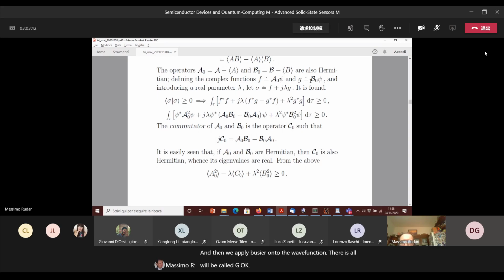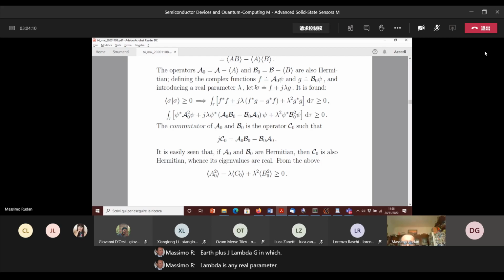So F and G in general are some complex functions obtained by this operation. Then we construct another function, that we call sigma. Sigma is, by definition, F plus J lambda G, in which lambda is any real parameter.